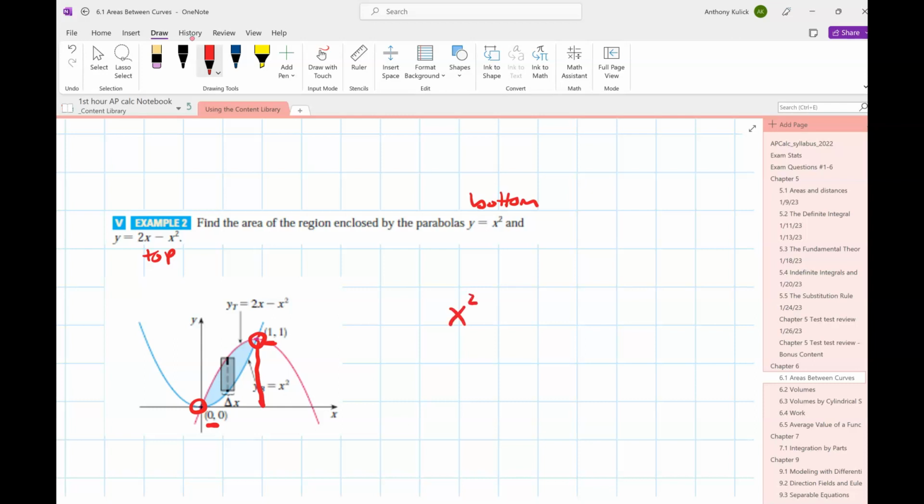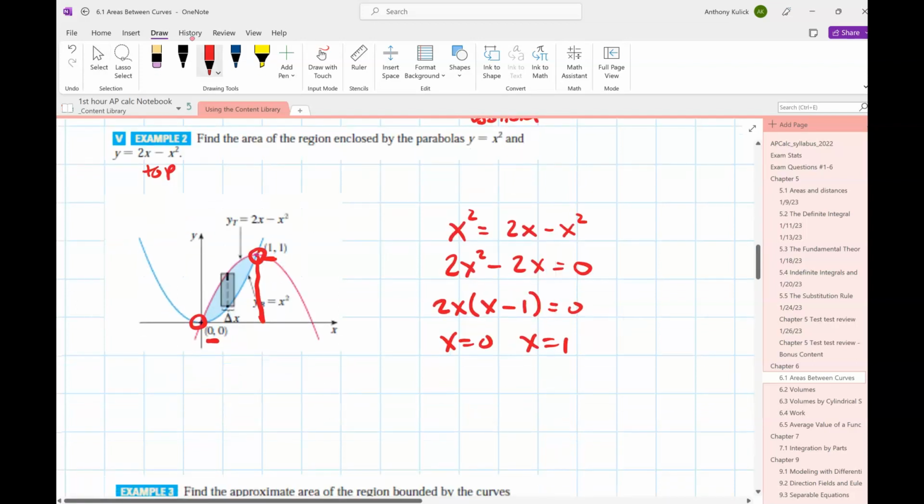Well, I just set the two functions equal to each other and solve for x. Right? So just like an algebra 2 question.